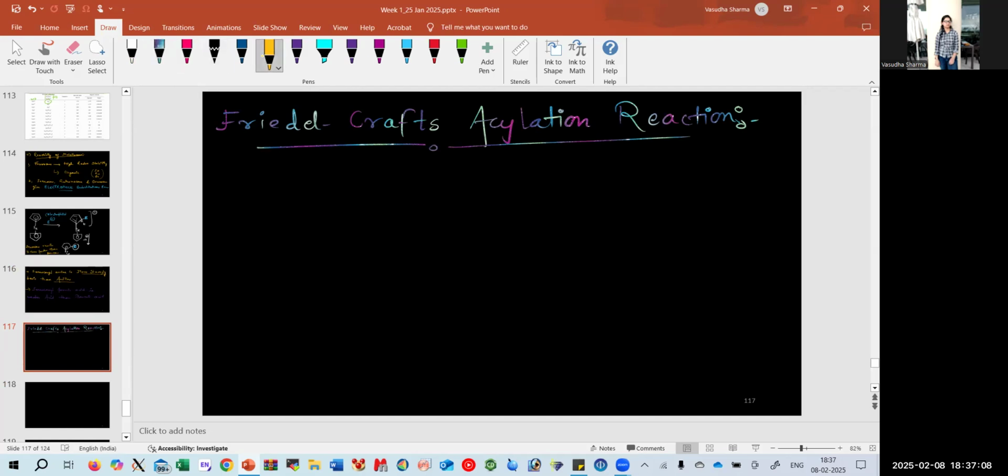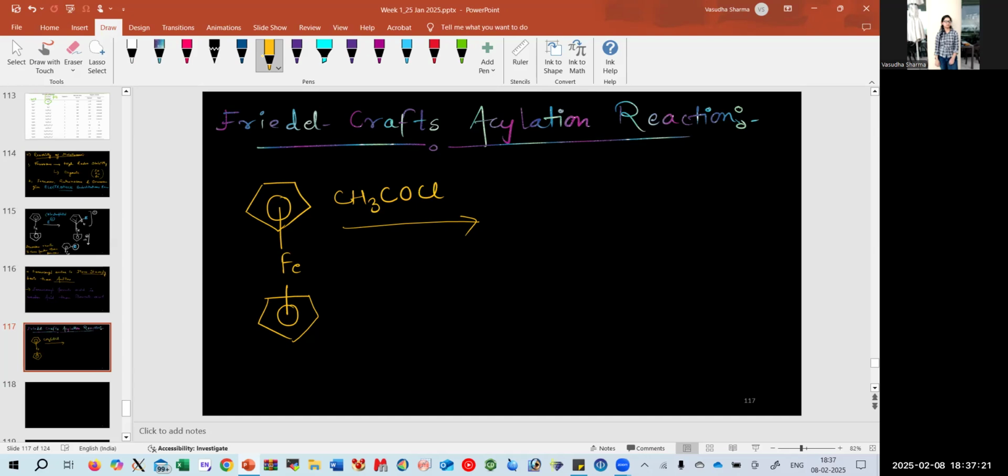So we have acyl chloride in presence of the Lewis acid AlCl3.